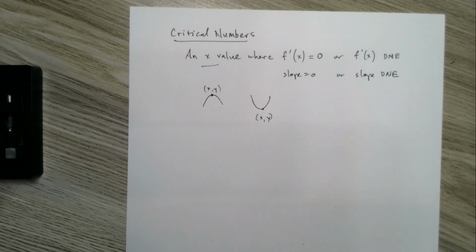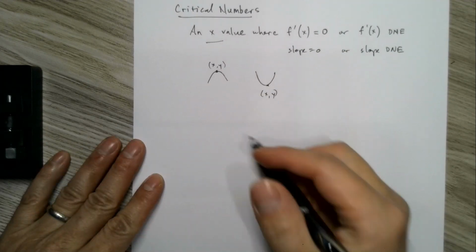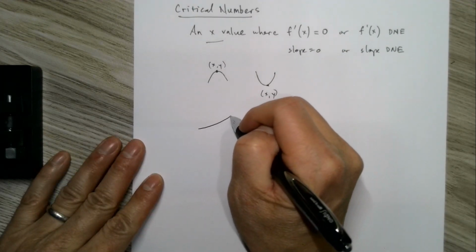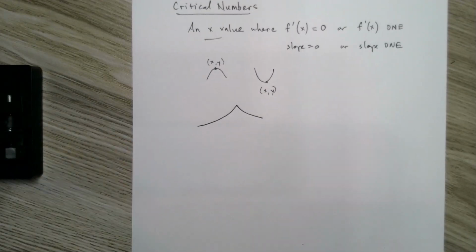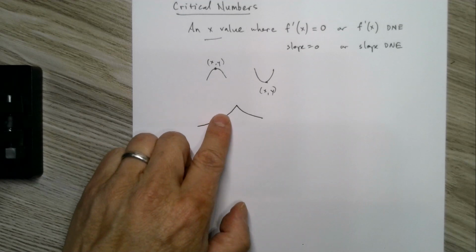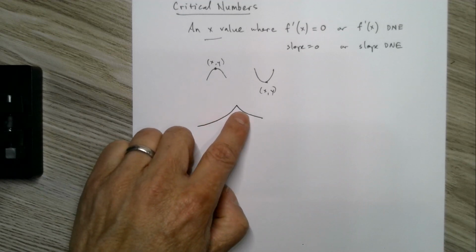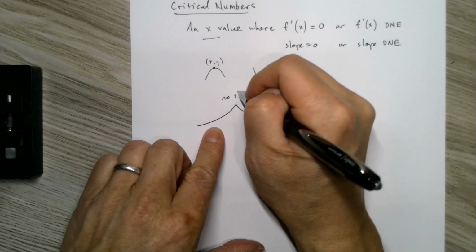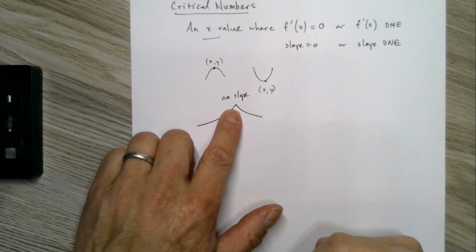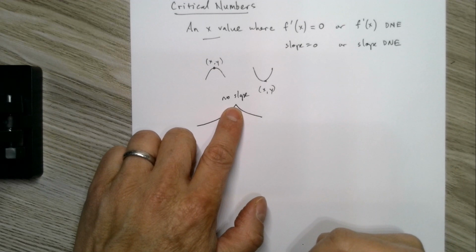Now, what about the places where it doesn't exist? Where does that happen? Well, if we're only talking about continuous functions, then a slope would not exist if the curve did this. And sometimes we'll get functions that have a sharp turn like this, there is no slope at that point. Whatever point that is, there's no slope there.